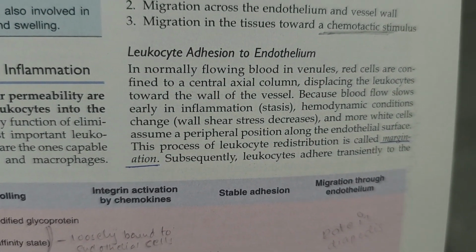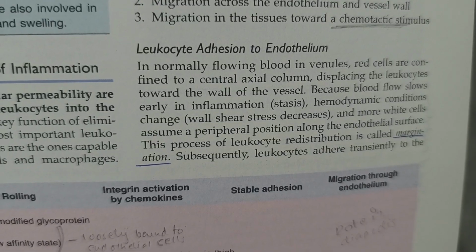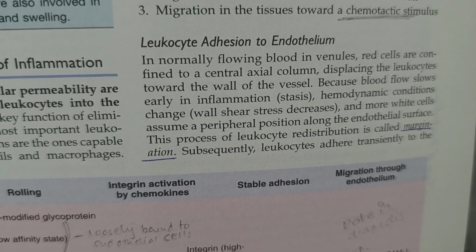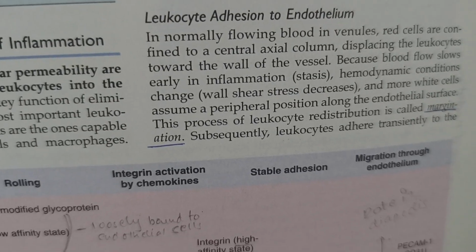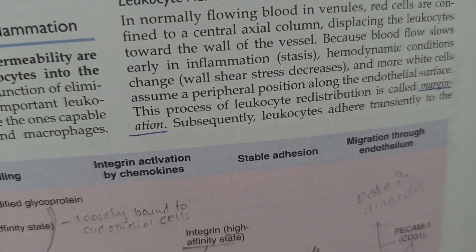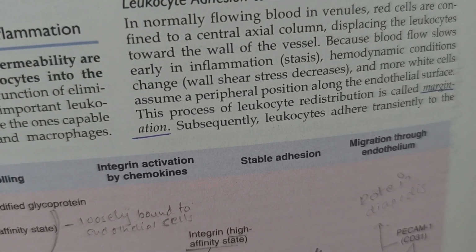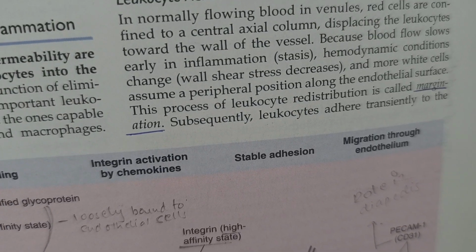Leukocyte adhesion to the endothelium. In normally flowing blood in venules, red cells are confined in the central axial column, displacing the leukocytes towards the wall of the vessel.